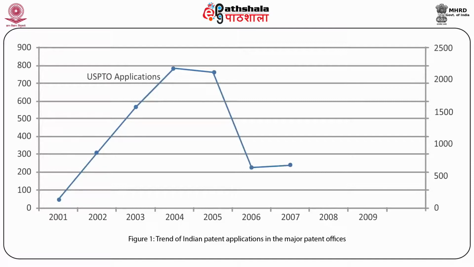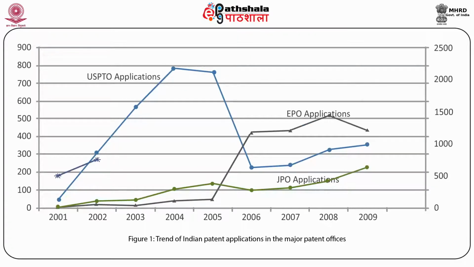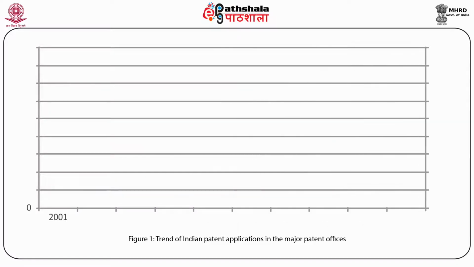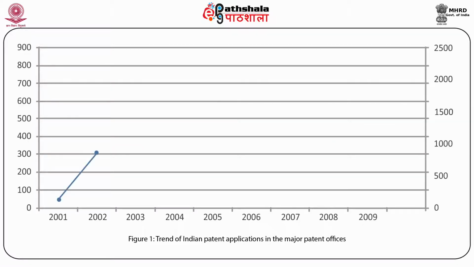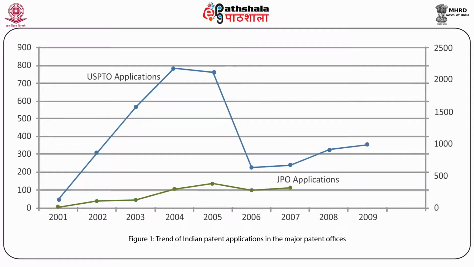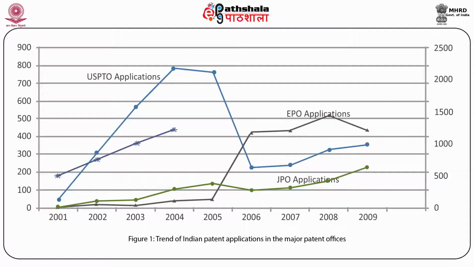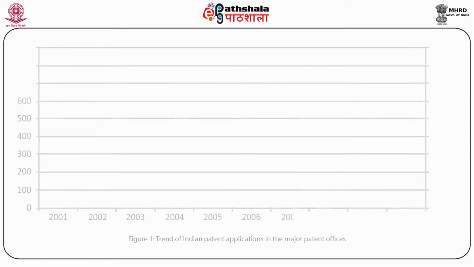Maximum foreign filing by Indian entities and individuals, we see, is through PCT. Mainly the shift is seen from USPTO. So we can conclude from this patenting trend that Indian entities are increasingly using the PCT route for filing patents, and they are possibly expanding their patent reach.